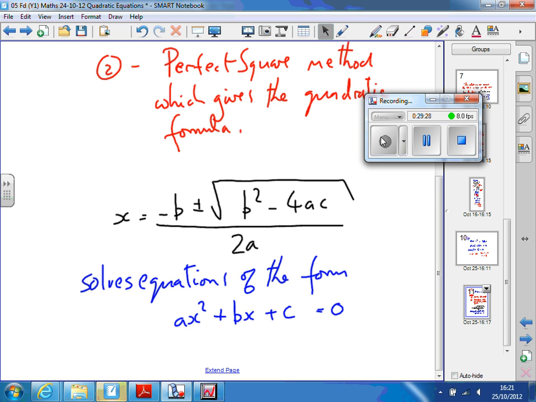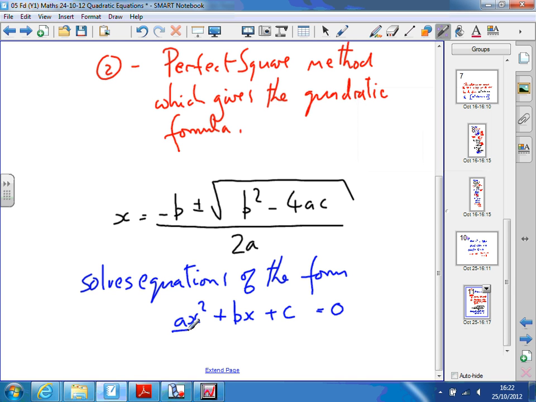So it relies on the fact that you've made the right-hand side 0 and that a in this formula is the number in front of the x squared term, i.e. the coefficient of x squared. b is the number in front of the x term, i.e. the coefficient of x, and c is the constant. So that's what a, b, and c are in this formula, assuming that you've made the right-hand side 0. If you've not done that, it won't work.